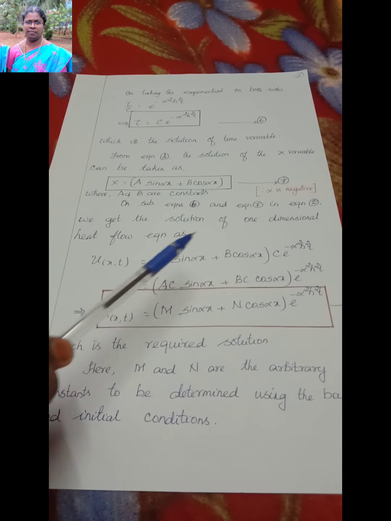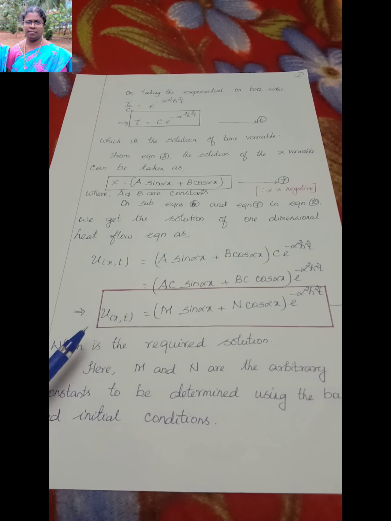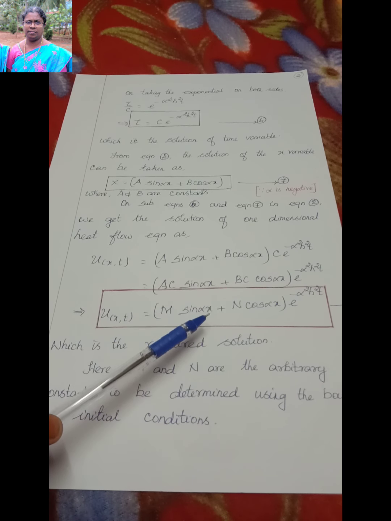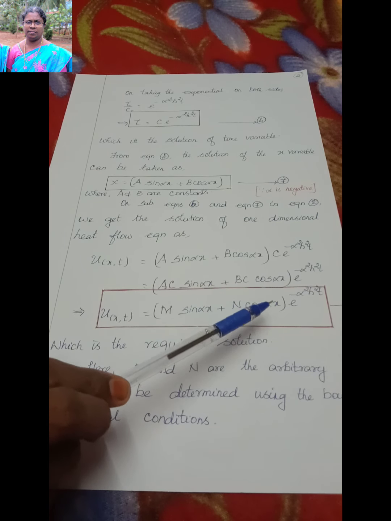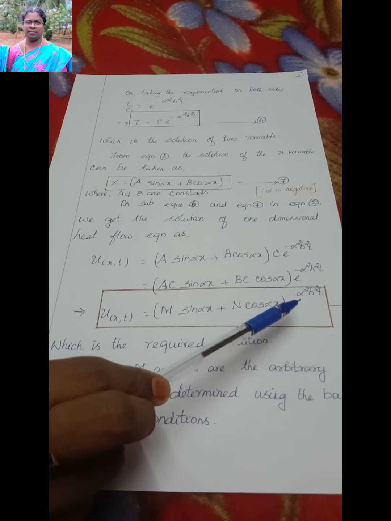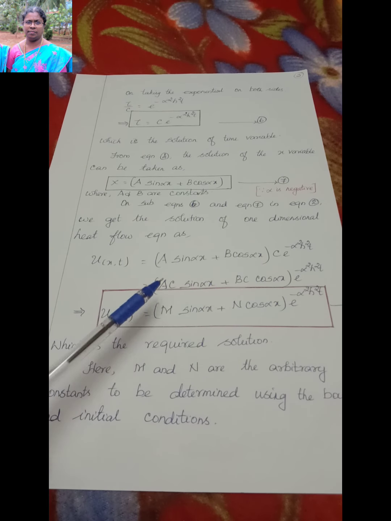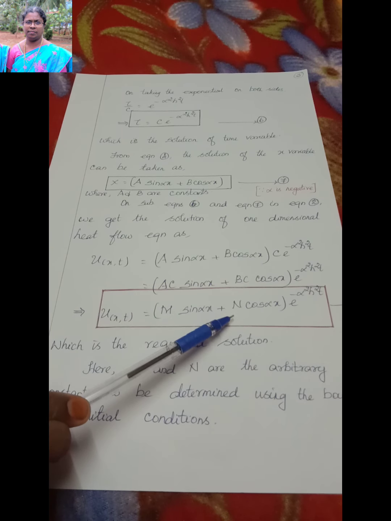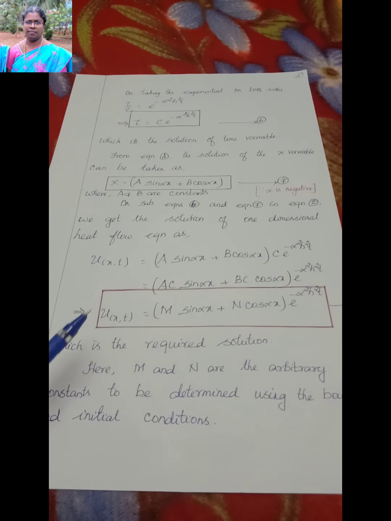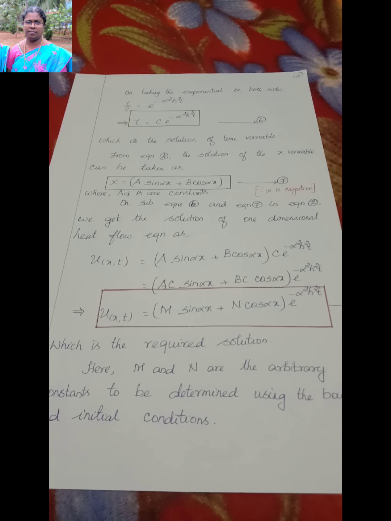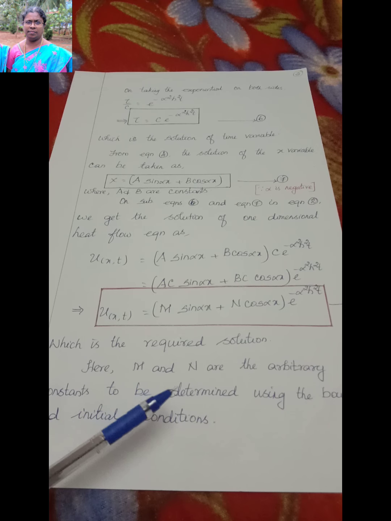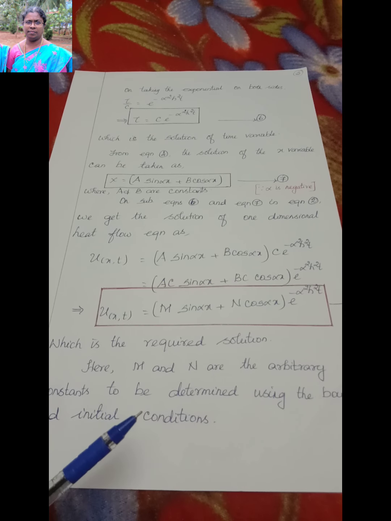Here a, b and c are constants. On simplifying it, we get u(x,t) = (m sin αx + n cos αx) e^(−α²h²t), where m = ac and n = bc, which is the required solution. Here, m and n are arbitrary constants to be determined using the boundary and initial conditions.